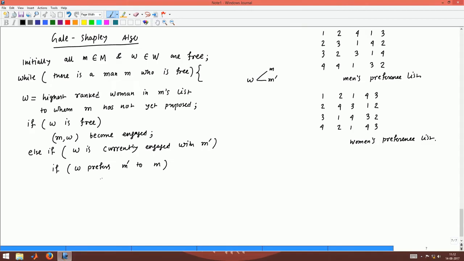She will reject M at this moment. So, M remains free. She will reject the proposal from M because she prefers M prime more compared to the new proposal M.